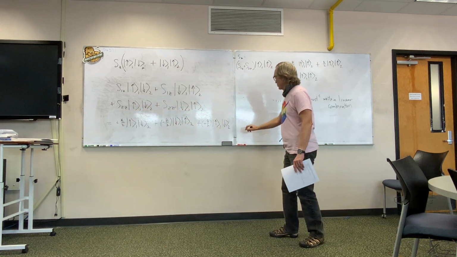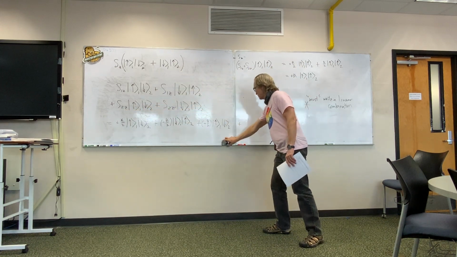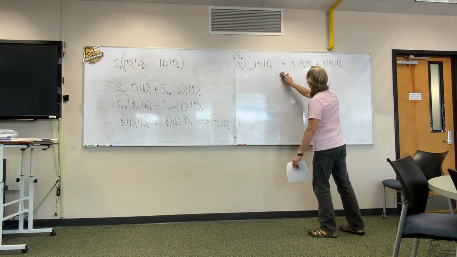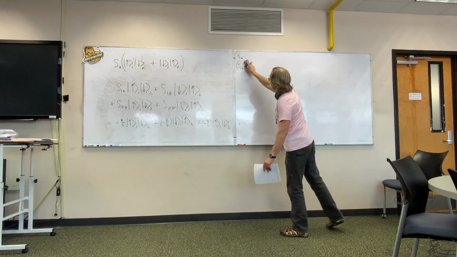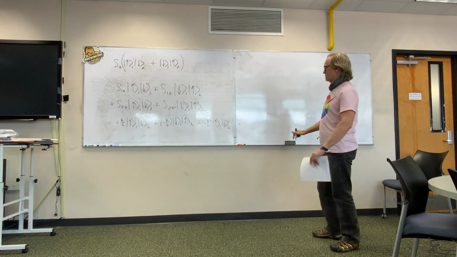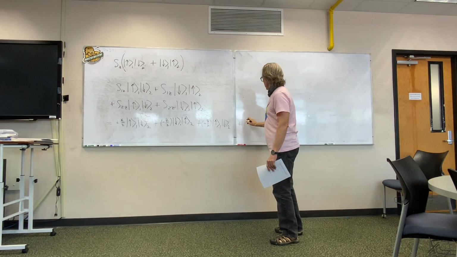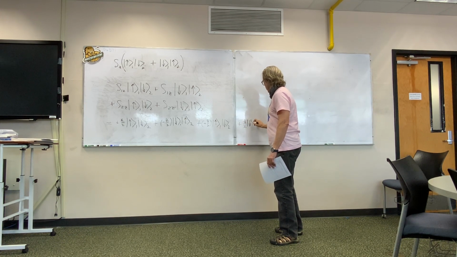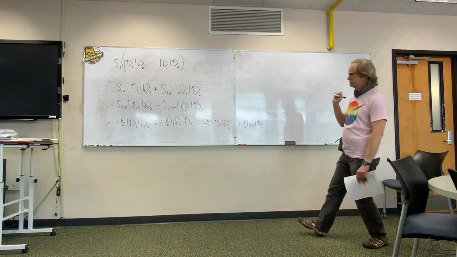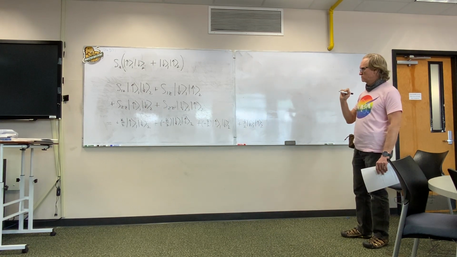So, plus, there's one left, right? H bar over 2, 1 down, 2 up. Is that right? Everybody okay with that?